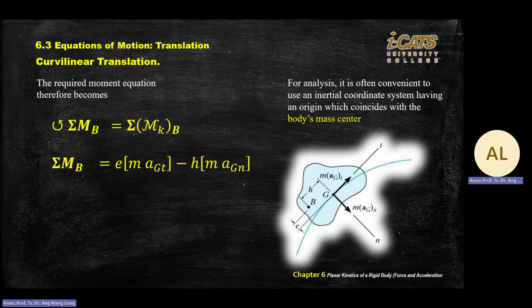Then you solve the unknowns by solving the simultaneous equations. So you'll get the acceleration of the center of gravity as 1.959. By looking at your final answer, you should be able to detect whether your answer is correct or not.